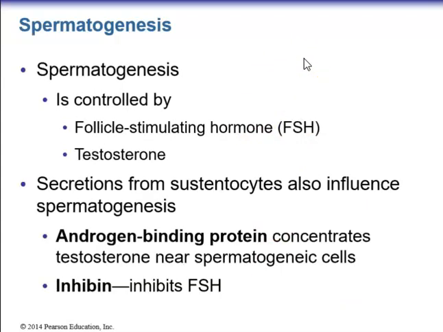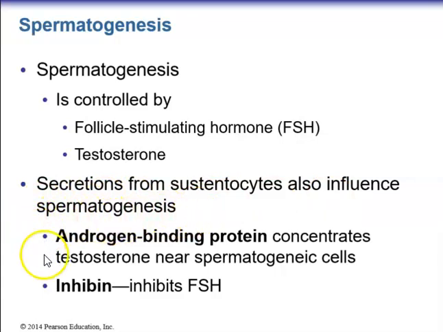Spermatogenesis is controlled by a specific hormone, follicle stimulating hormone, FSH. Again, another one of those hormones that's secreted by the anterior pituitary gland, as well as testosterone, which is secreted by the cells within the testes. Secretions from the sustentocytes also influence spermatogenesis.